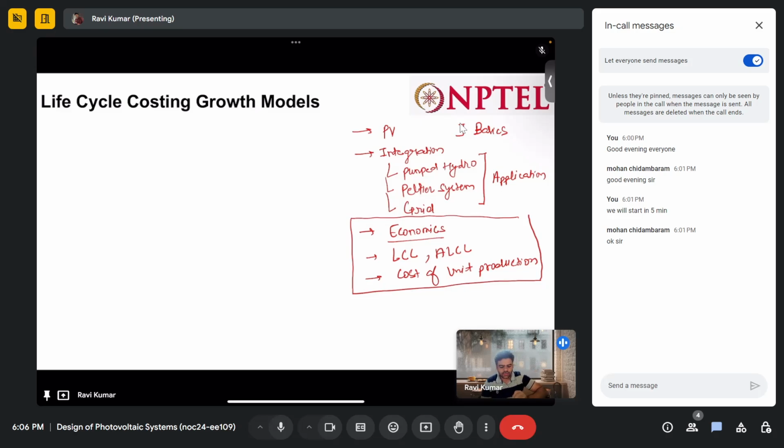For life cycle costing, we have different growth models. It's all about something increasing. Let's take an example. You are putting your money in a bank. Why are you putting your money in the bank? Because the bank gives some interest. So it means your money in the bank is growing.